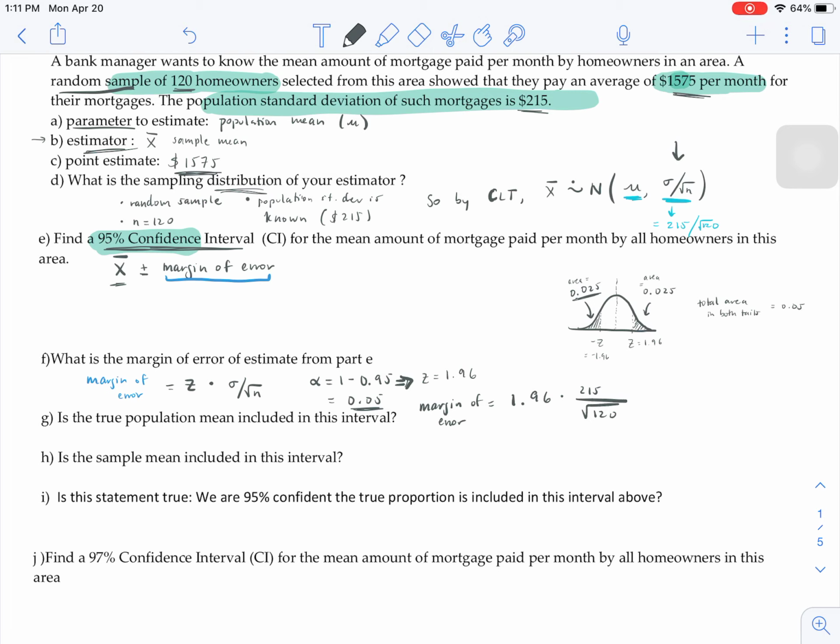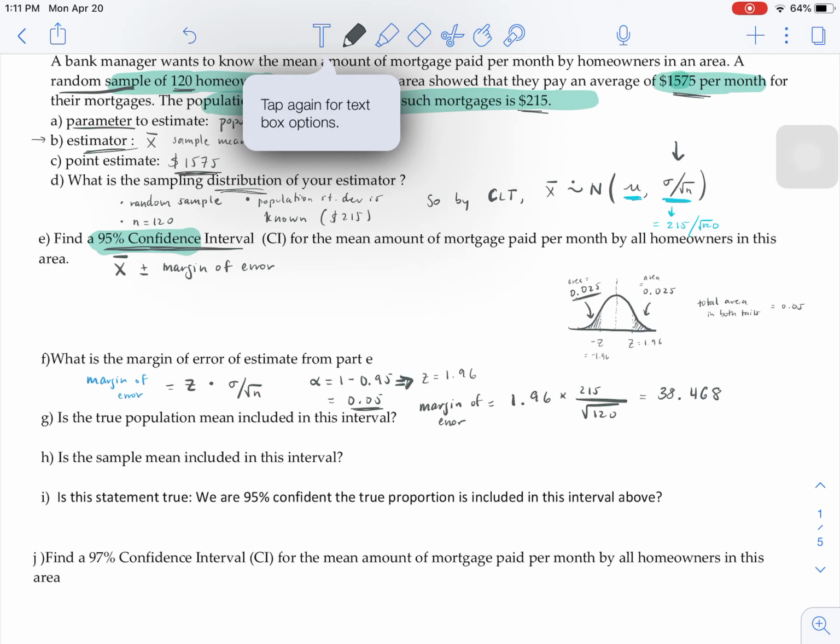If I plug into my calculator 1.96 times 215 over the square root of 120, you should get approximately 38.468. And that's my margin of error. That's the amount that I'm going to plus or minus our sample mean by.